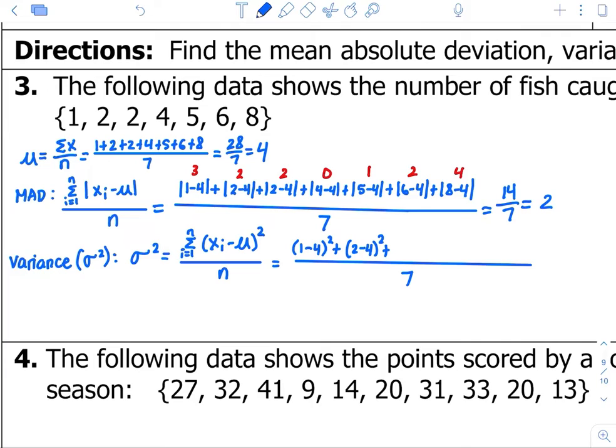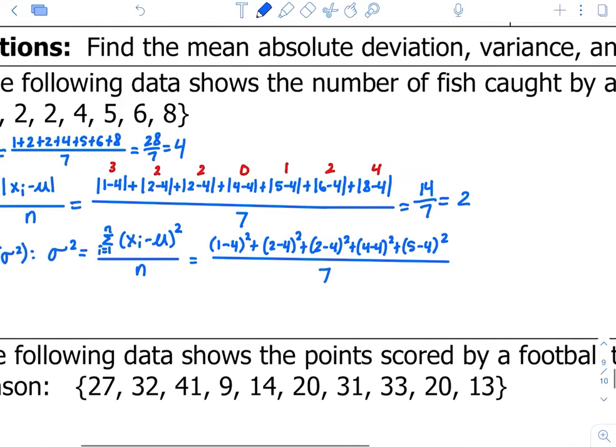What's your third data value? 2 minus your mean squared. Fourth data value, 4 minus your mean squared. Fifth, 5 minus your mean squared. Your sixth data value, 6 minus your mean squared. Plus your 7th data value, 8 minus your mean squared.